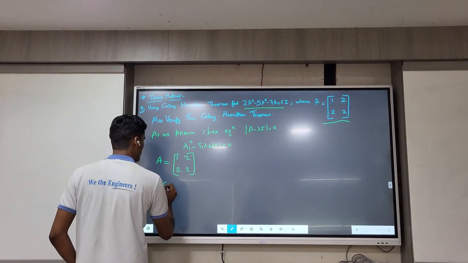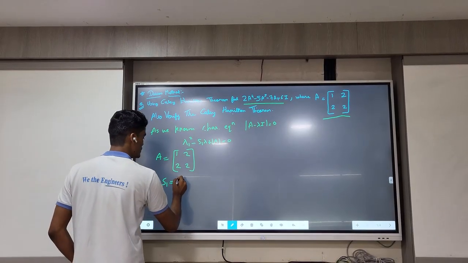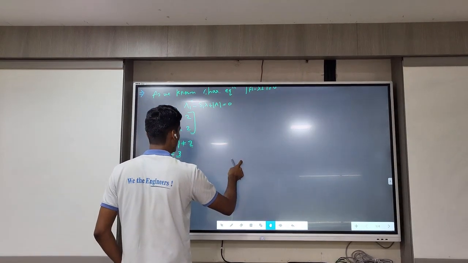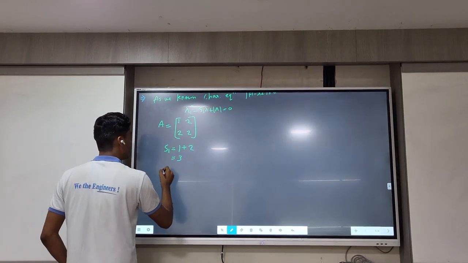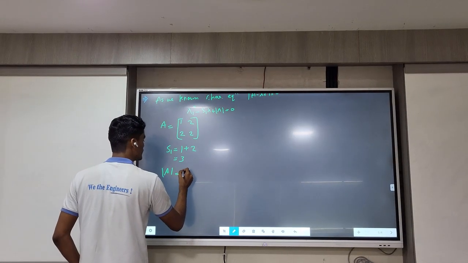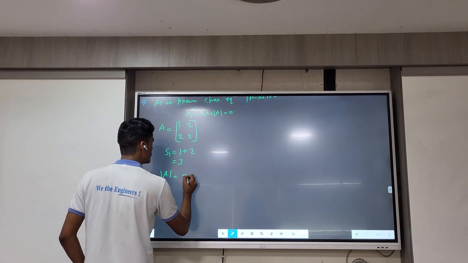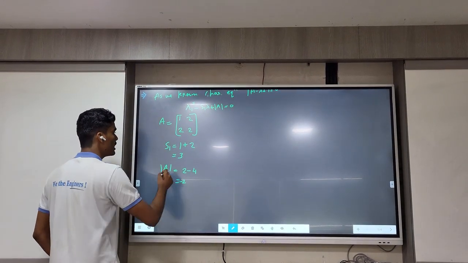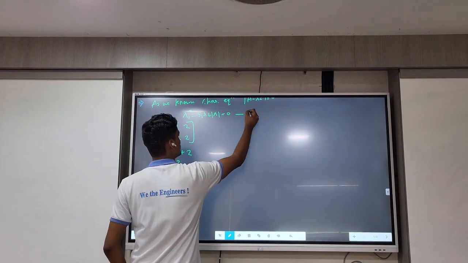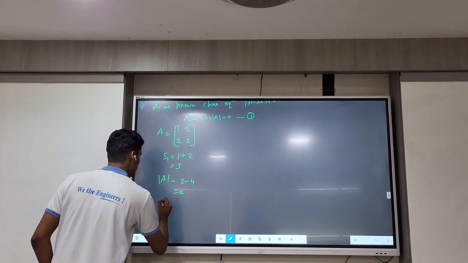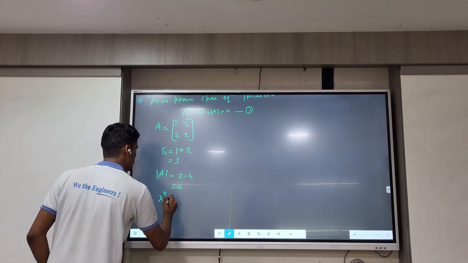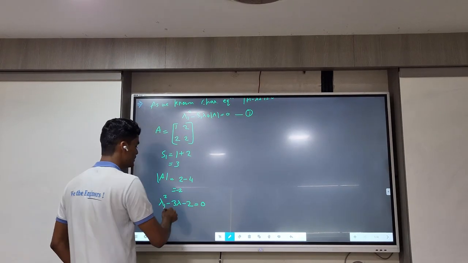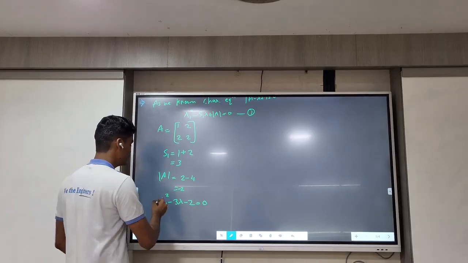For this, S1 will be the sum of diagonal elements which is 1 plus 2 is equal to 3, and the determinant will be 1 times 2 minus 2 times 4 is equal to minus 2. Now we will put this value in our characteristic equation. So this becomes the characteristic equation for the question.